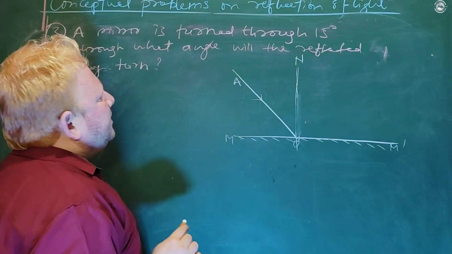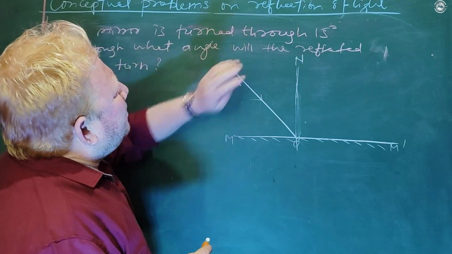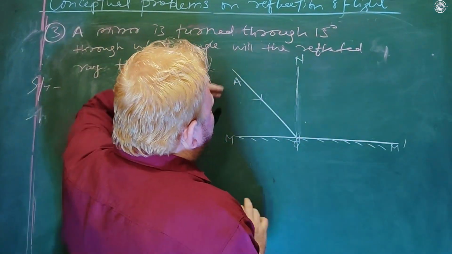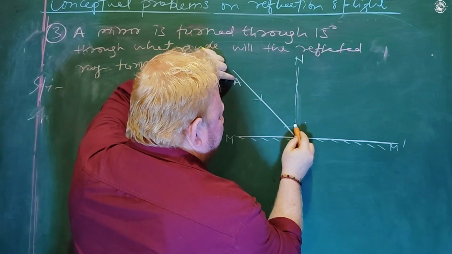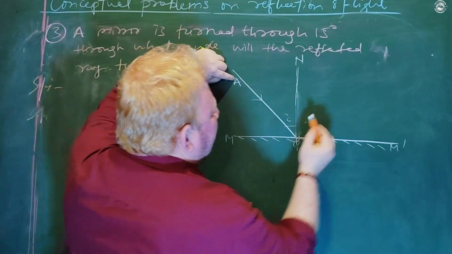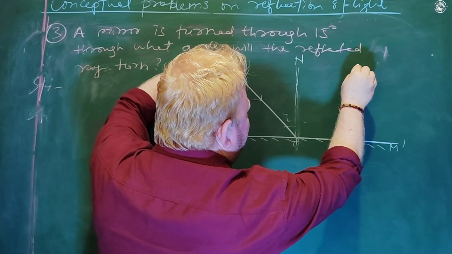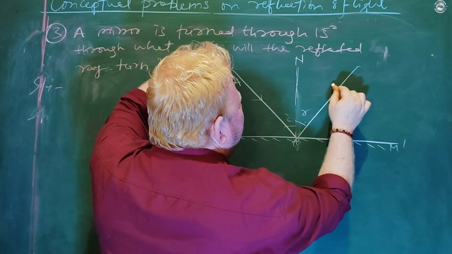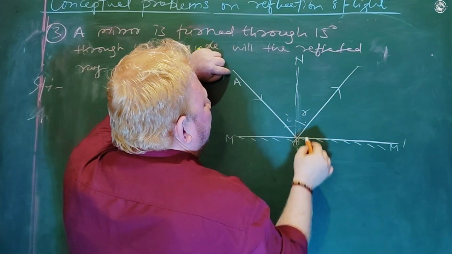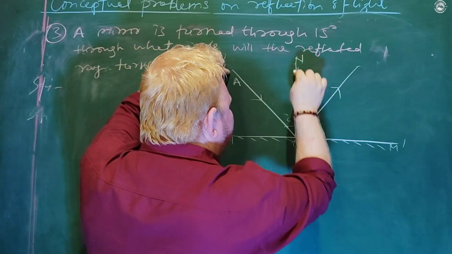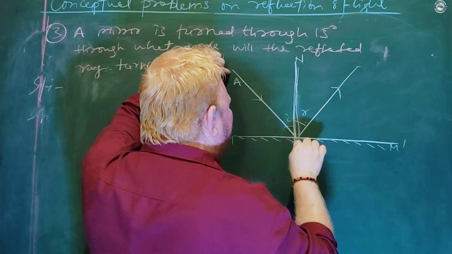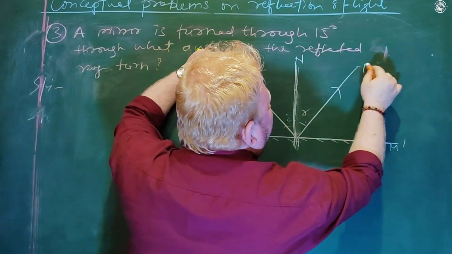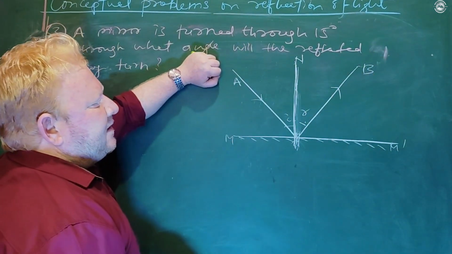Now the question is, a mirror is turned through 15 degrees. So without turning, what was the angle of incidence? This is the angle of incidence. In that case, the angle of reflection will be like this. This is the angle of reflection. If this is the angle of incidence, AON, then BON is the angle of reflection.